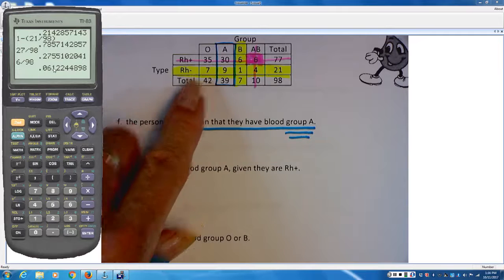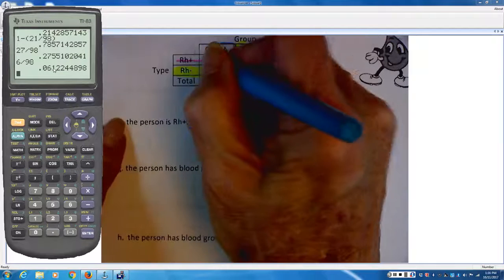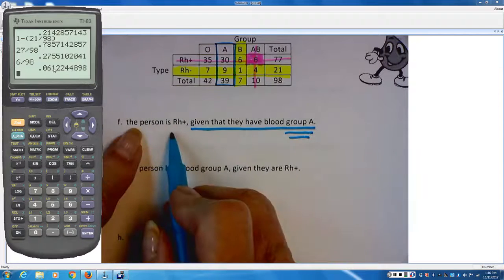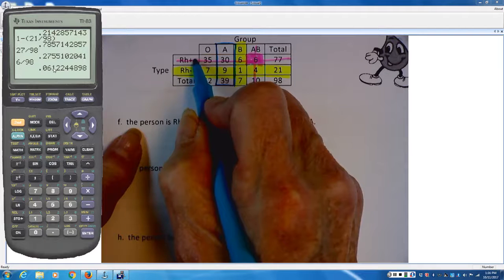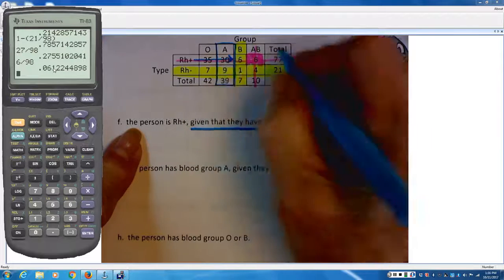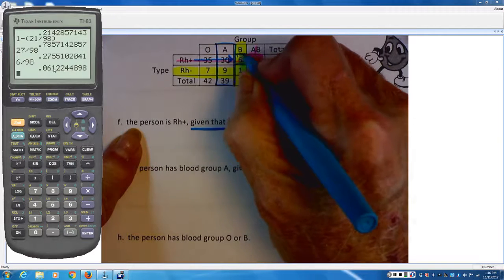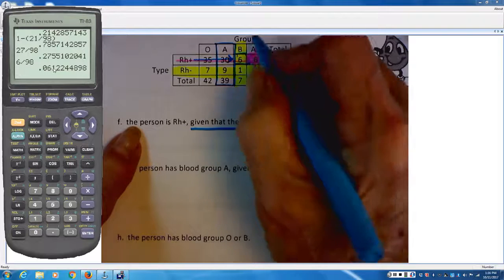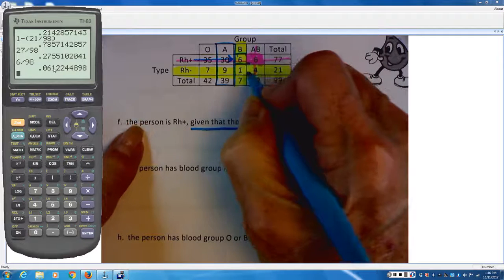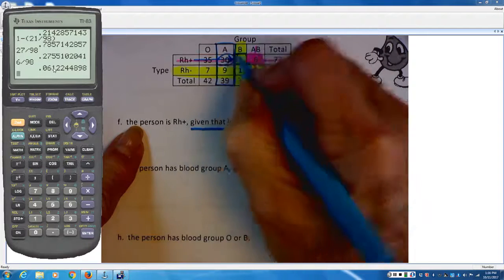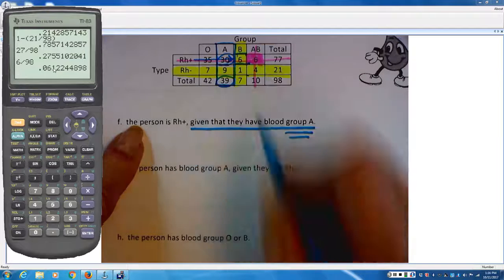So of the people in that group, we're looking for the probability they're Rh positive. So that means we're looking for, not the 6, but this 30 out of the total of 39.